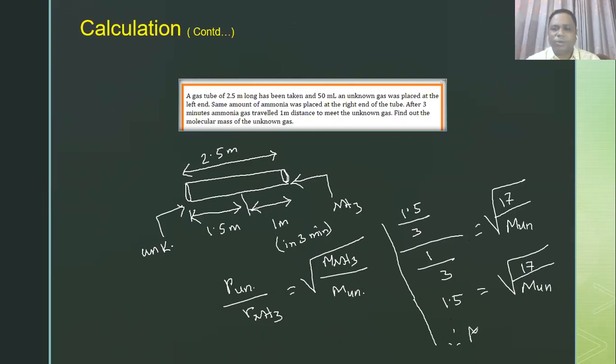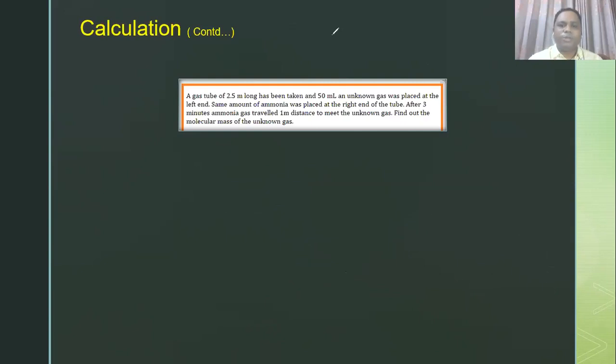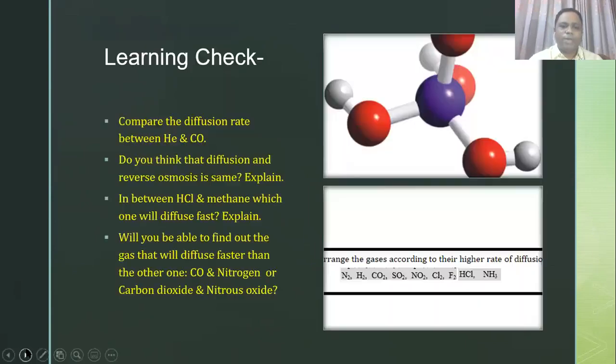And this is how we can find out the mass of unknown gas. You can see this is another example of the application of Graham's law. So Graham's law of diffusion helps us to do many calculations.